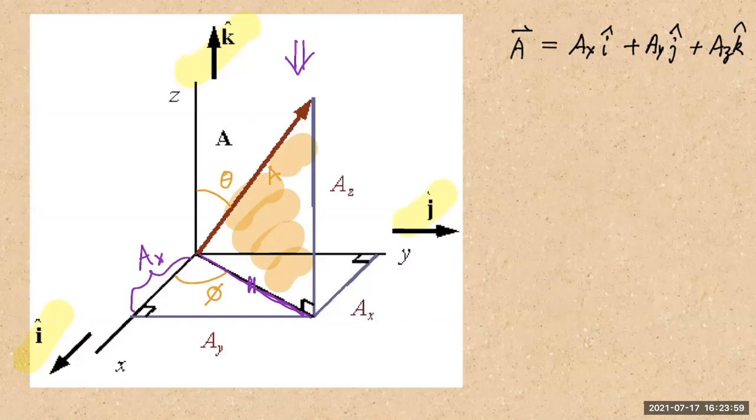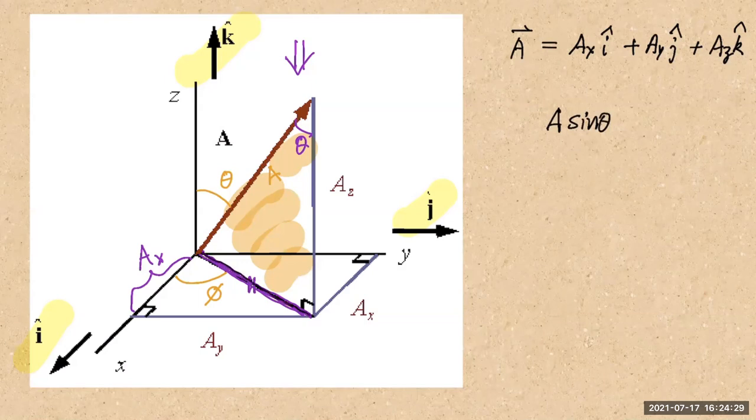And it has this angle here, which of course is the same as theta. So therefore, this line here has a magnitude of a times sine theta. So this magnitude is a sine theta.